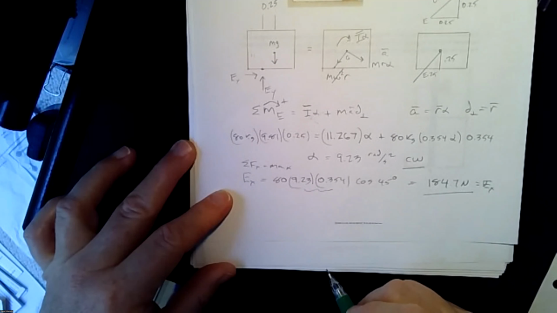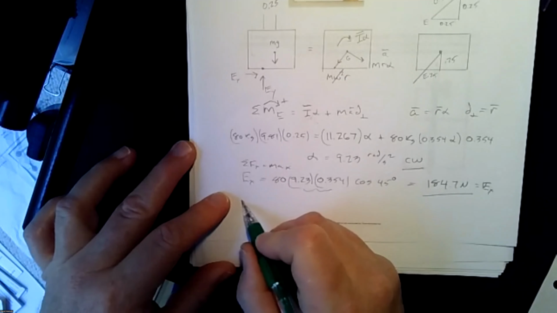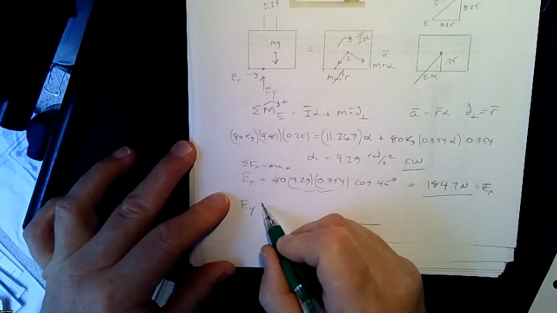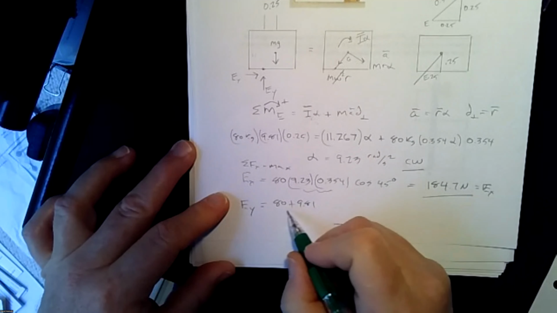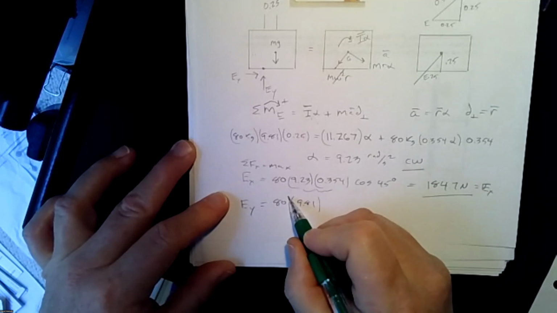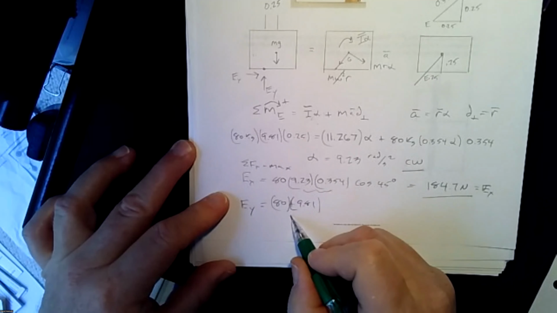And then Y is similar. The only difference with the Y is we also have gravity. So we have Ey equal to 80 times 9.81, so that's our mg.